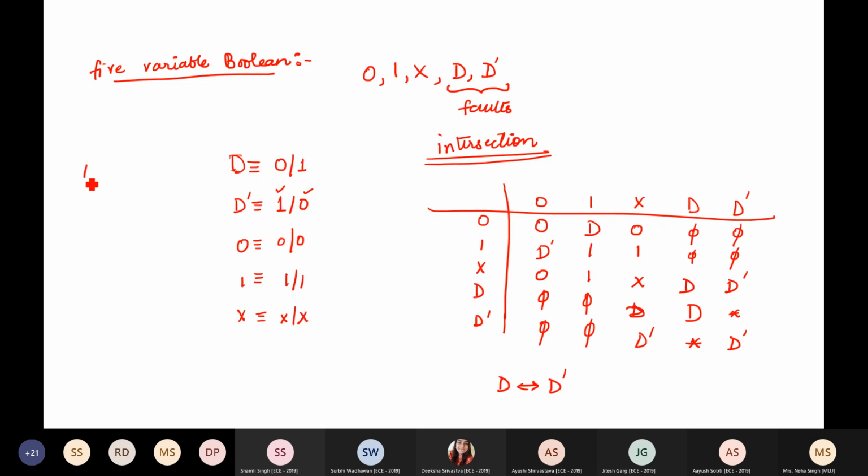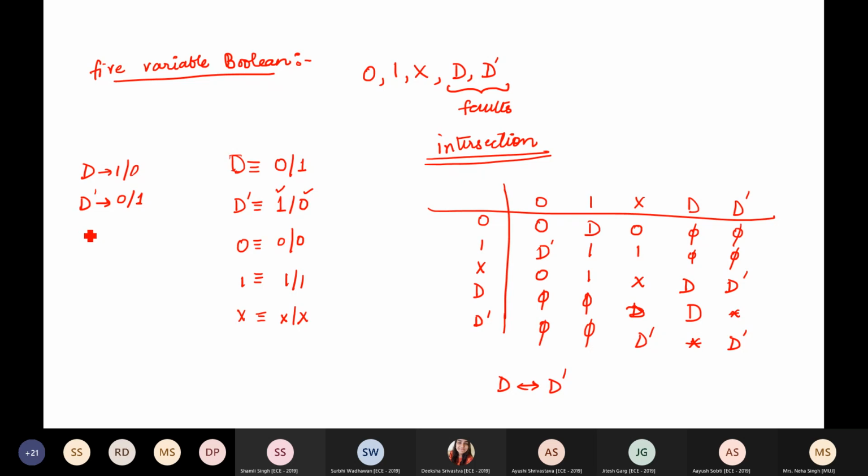You can anytime change the definition of D as 1/0, which means the actual value is 1 and the faulty value is 0 is indicated with D. But if this is so, then D dash automatically changes to 0, 1. We can interchange them during the calculation, but once it is changed, we keep the change consistent.